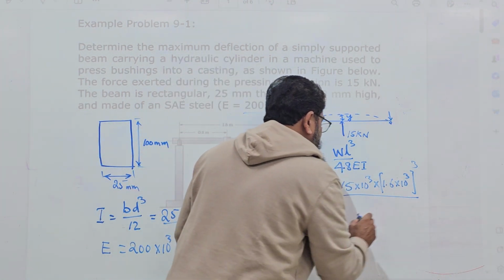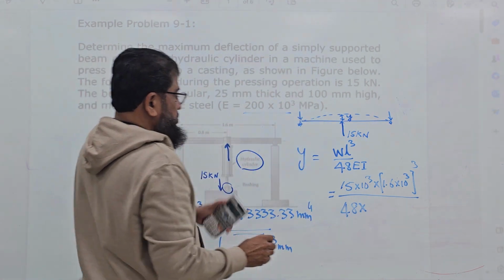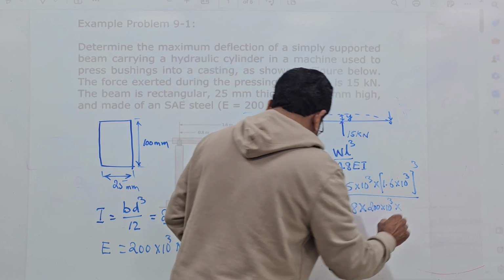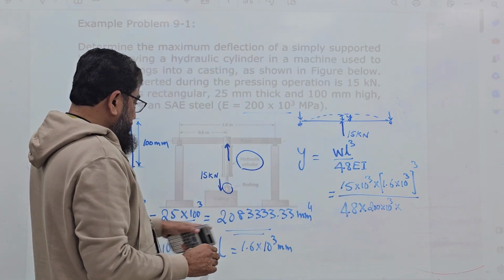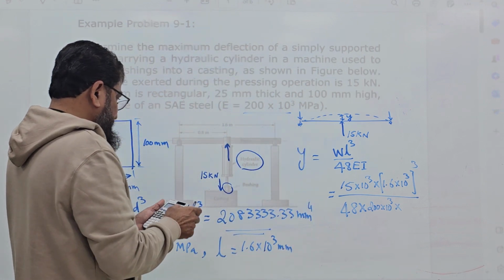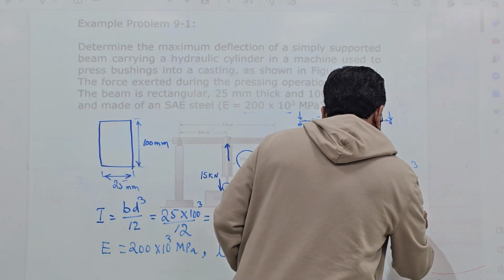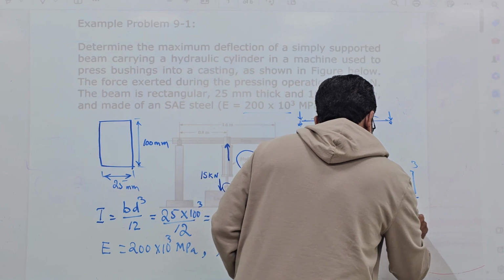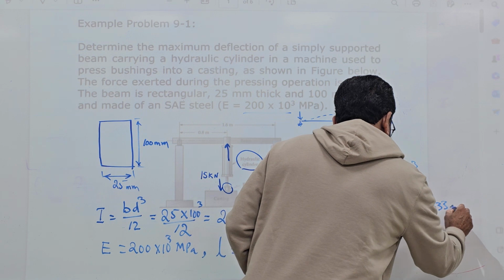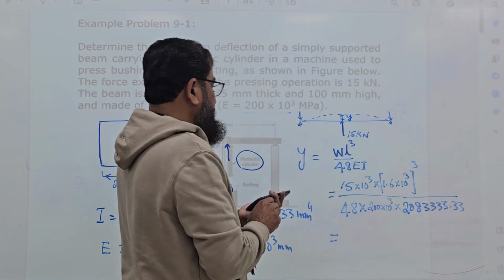Divided by 48 multiplied by E, which is 200 into 10 cube, multiplied by I. The value of I is here. You can even change it to engineering units so that the number becomes very small. Anyway, let me write it: 20833.33. Okay, so this is the value.